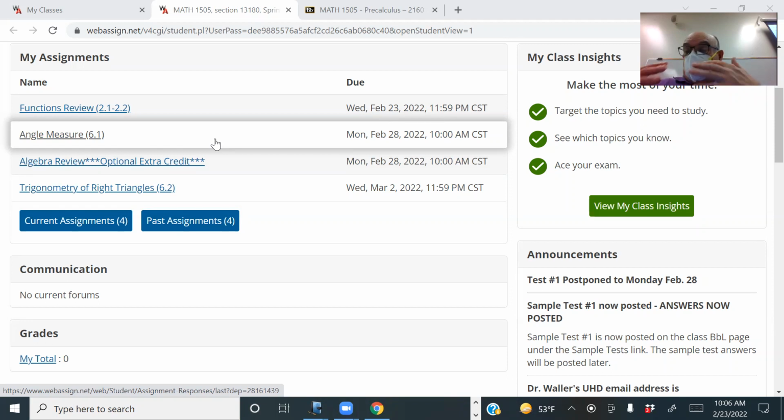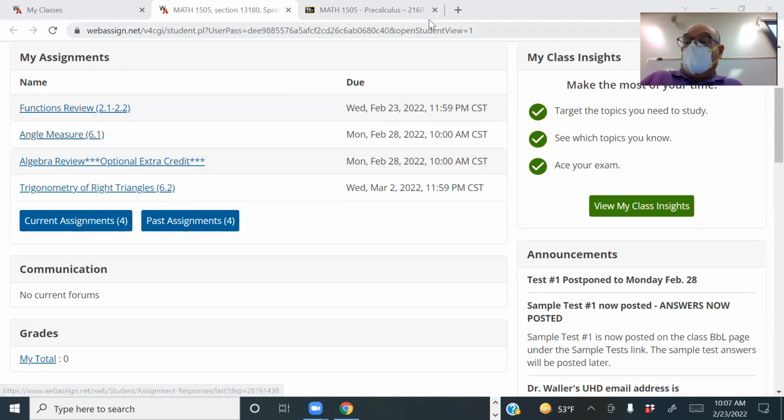So you need to prepare well for the test if you want to continue attending on Zoom. If you don't pass the test, I'm going to assume that the Zoom is not working for you, and so you need to be in class with me and the other students, and you'll have to start coming to class. So keep that in mind as just another incentive to prepare well for the first test. Don't forget about that.